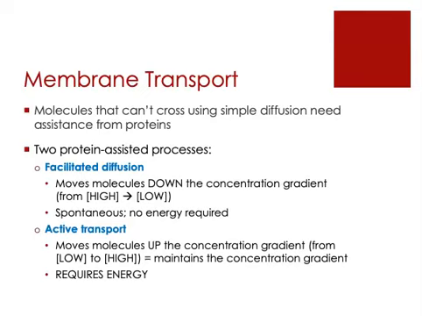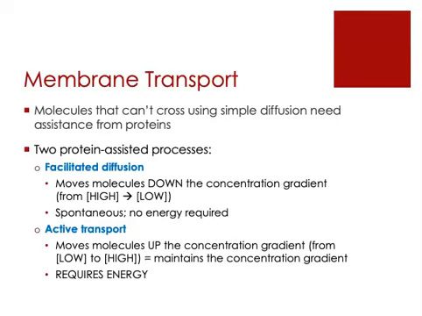It's not enough just to get rid of the gradient. It's not enough for osmosis to get rid of the gradient. What happens if a cell needs to bring a molecule in or get a molecule out, but it's too big, or it's too polar, or it has a charge on it?